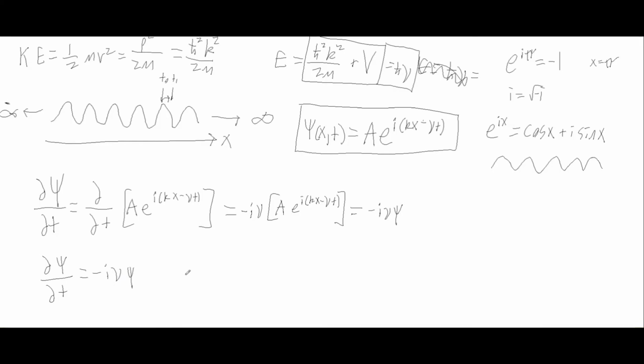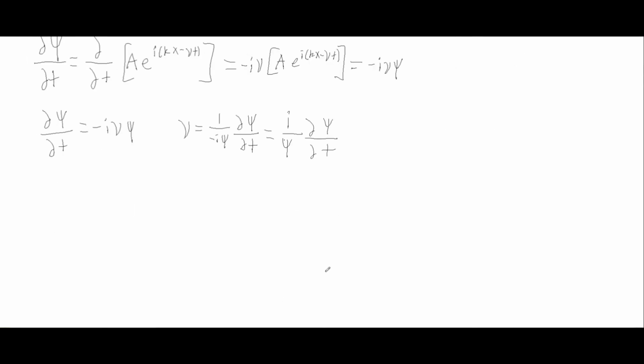Then we can rearrange this to say that nu is equal to 1 over minus i psi multiplied by the partial derivative of psi with respect to time. Because we can move this i up into the numerator, that is equal to i over psi times the partial derivative of psi with respect to time.